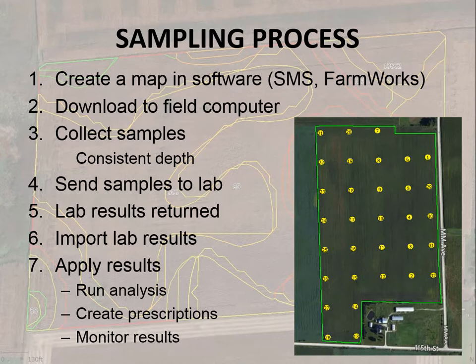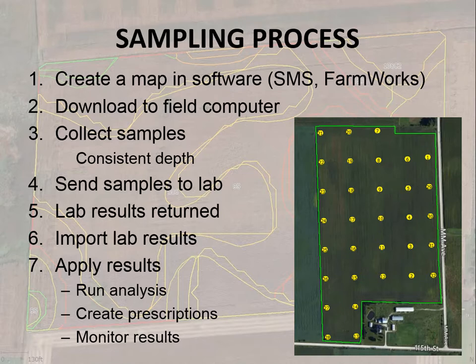Once you have the samples collected, you're going to send those samples off to the lab. The folks at the lab are going to run their tests on it, and then they're going to send you back the results. And you'll see that come up in a little bit, but not only are you going to get a hard copy result, you also get an electronic copy that we can just turn around and, literally with the click of a button, pull those results back into that same software program that we used earlier on, and then we can start applying the results.